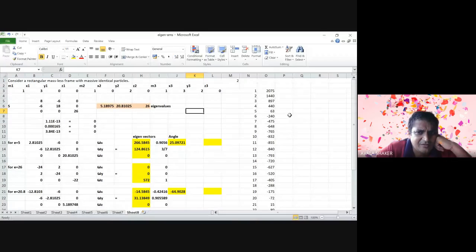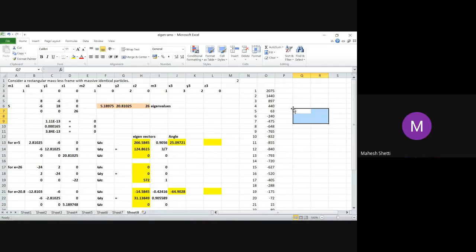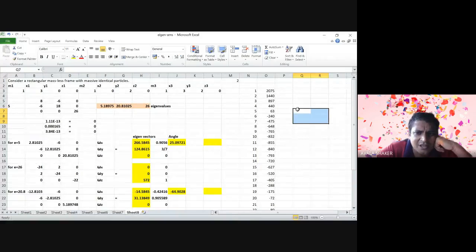You have, let's say, a rectangle, and you have masses 1, 2, 3, and 4 at the four corners, and the axis is passing through one of these masses. So four masses, but the axis is passing through one of them, and perpendicular to the plane.